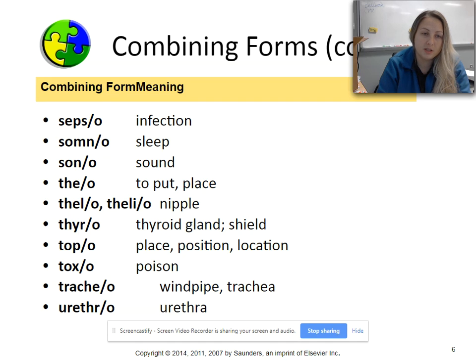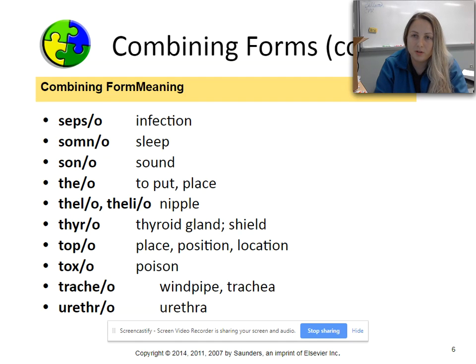Theo is to put or place. Thelo or thelio is the nipple. Like mothers breastfeed through their nipple. Thyro, like the thyroid gland or shield. Topo is place, position, or location, like topography or topographic means place.